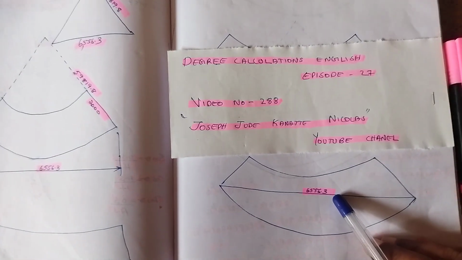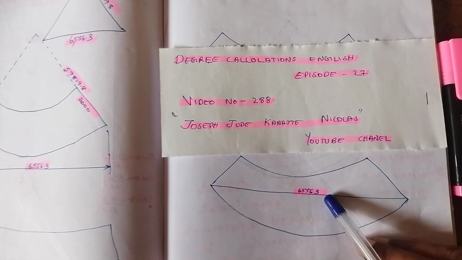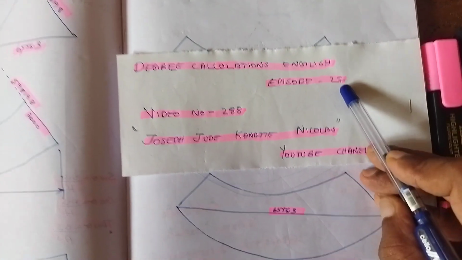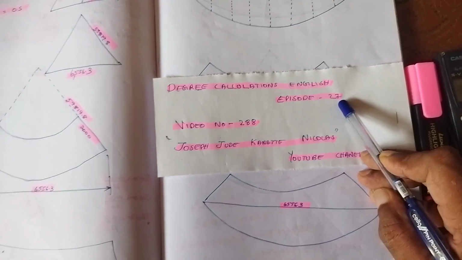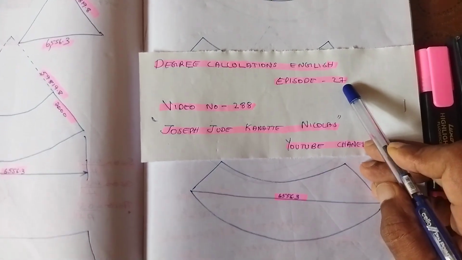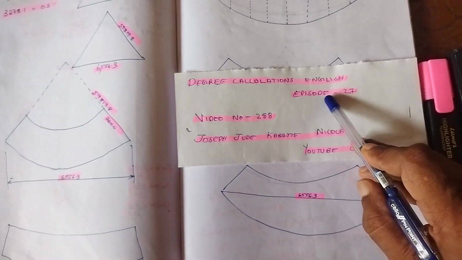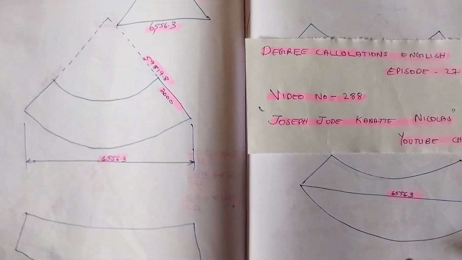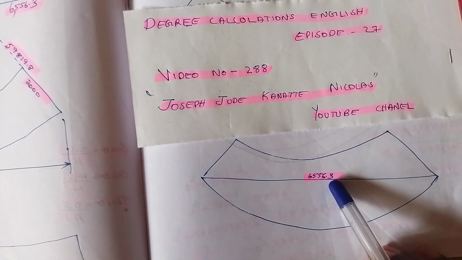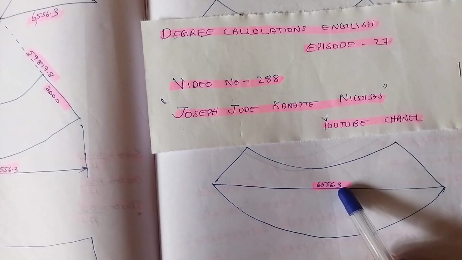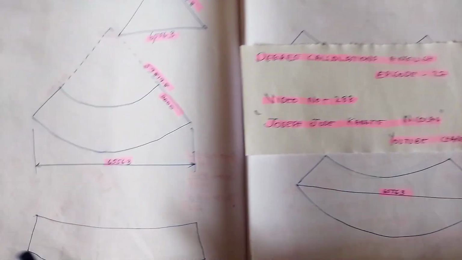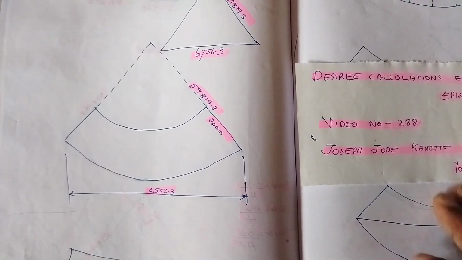So if you haven't seen my last episode, before seeing this 27th episode, you must study my 26th episode. Otherwise, you may not be able to understand. We shall recognize how we got the 6556.3 length.